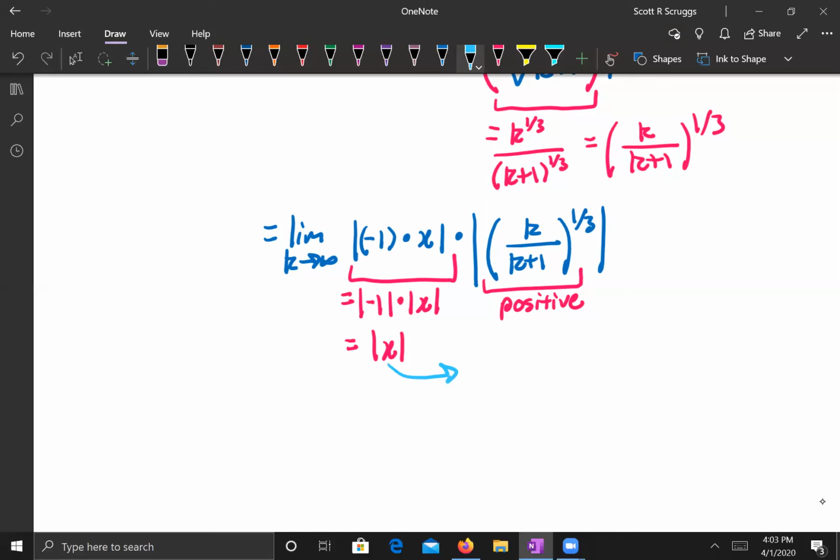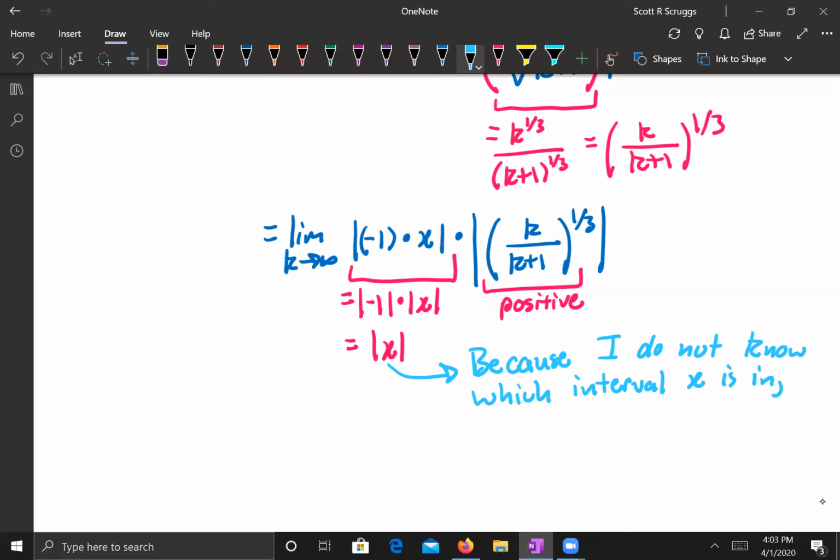So I'll make that as a next note: because I do not know which interval x is in, I'm going to keep the absolute value because I don't know if it's positive or negative.